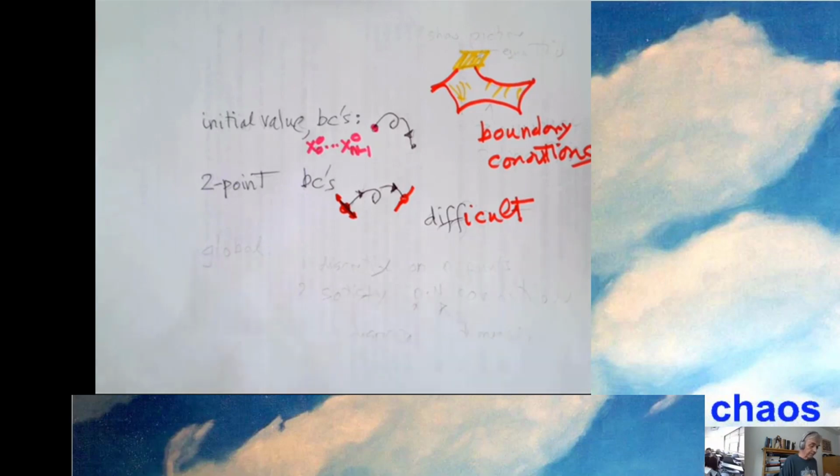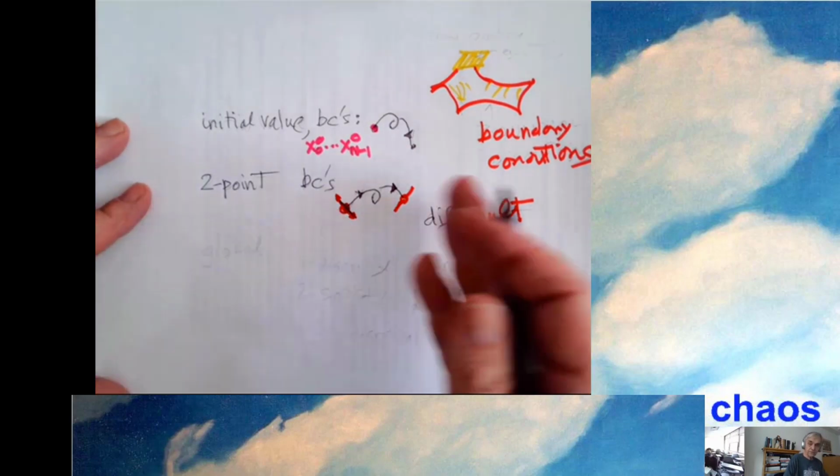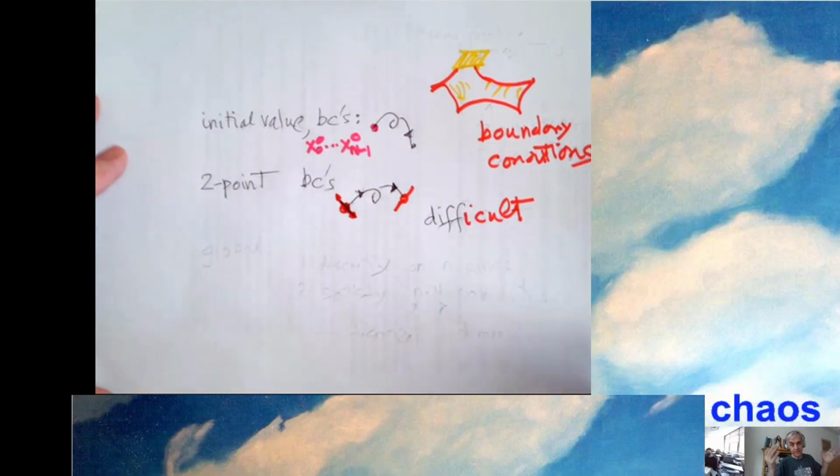So what we often have to do is, we actually have to do this numerically. Numerically means we can only do finite number of computations to finite precisions. And the way we do this is we go global.